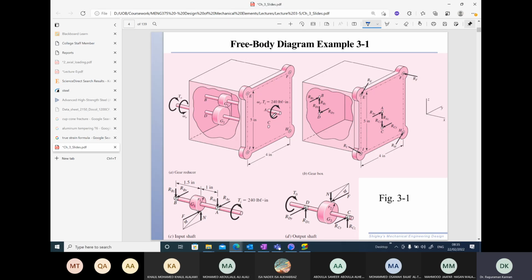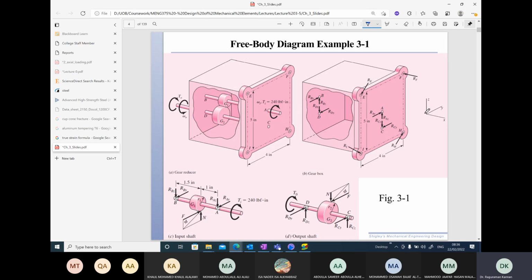Now, if you are asked to draw the free body diagram for the gearbox, you draw it separately. Wherever you have the shafts, at these points you will have bearings. The shafts are usually mounted on bearings. So on the bearings you will have forces on the plane of this plate over here, the gearbox plate.